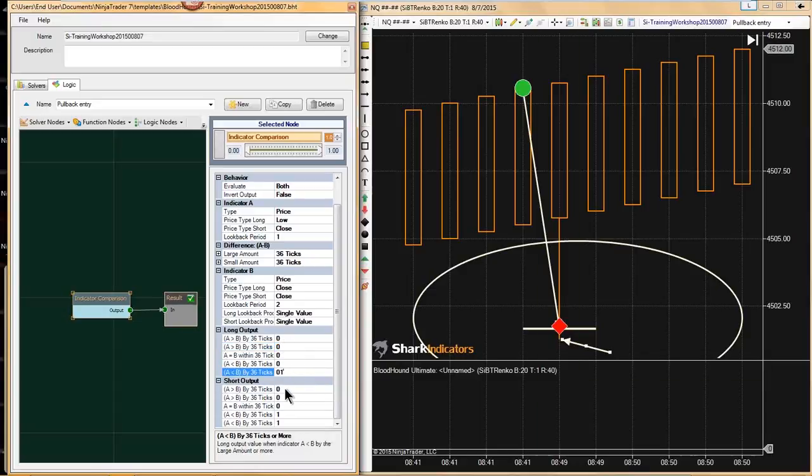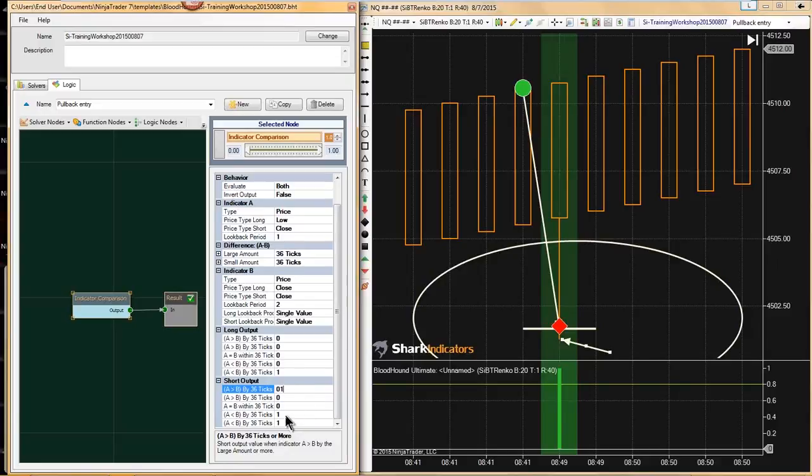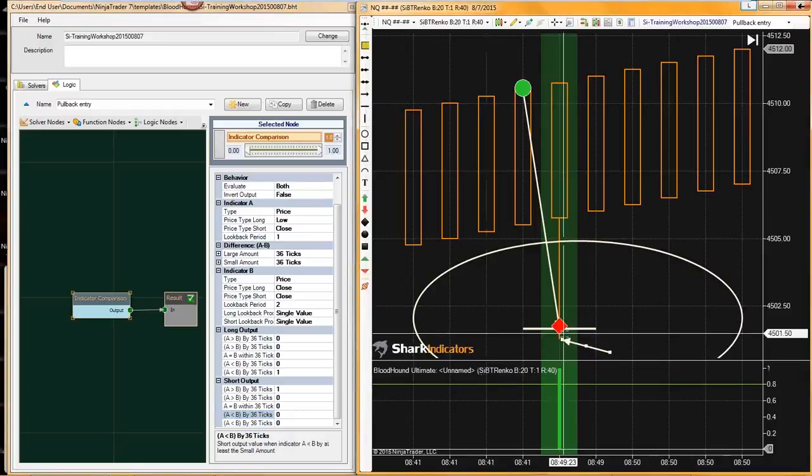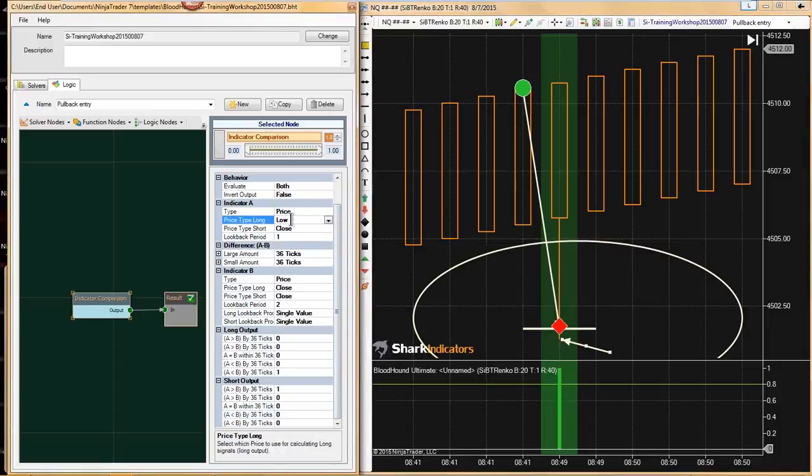I'm going to reverse the outputs for the long and the short. And there we go. Now we can see this long output. So by using the low price, I know that my 36 ticks isn't too great, so I would still get a signal here in real time.